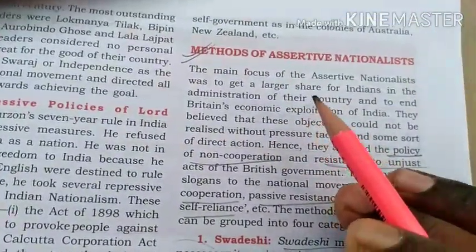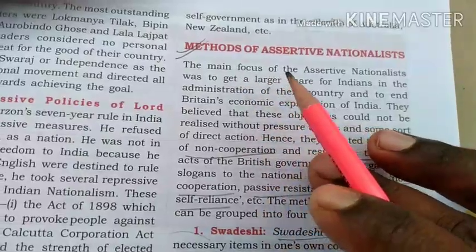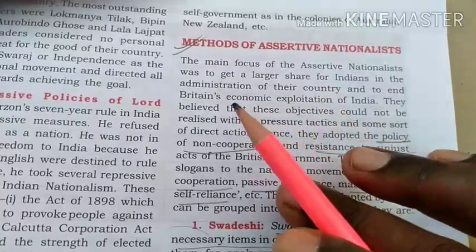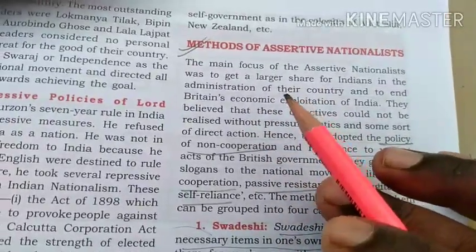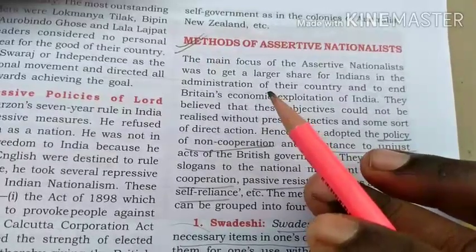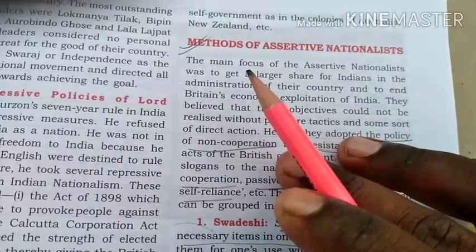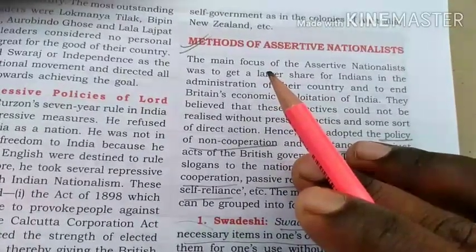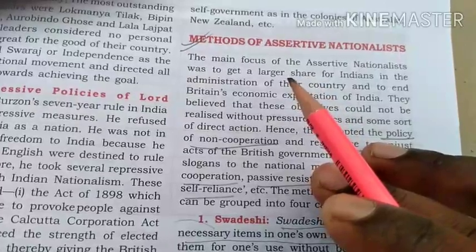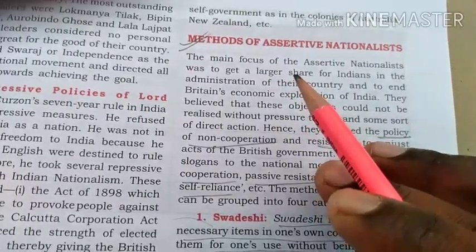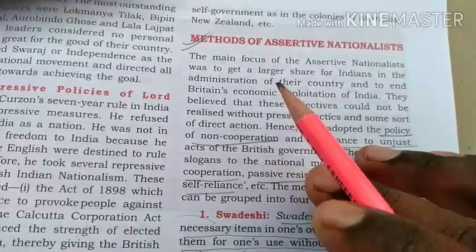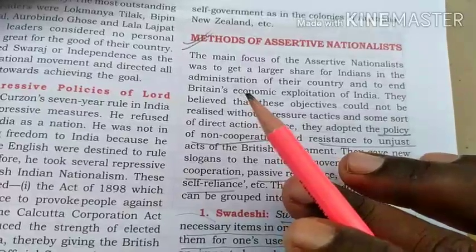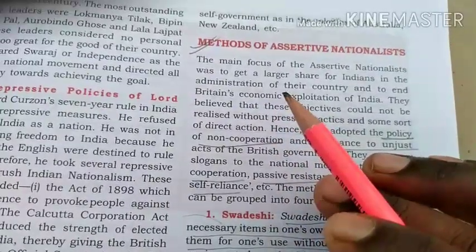Now, the method of assertive nationalists. The main focus of the assertive nationalists was to get a larger share for Indians in the administration of their country and to end British economic exploitation of India.